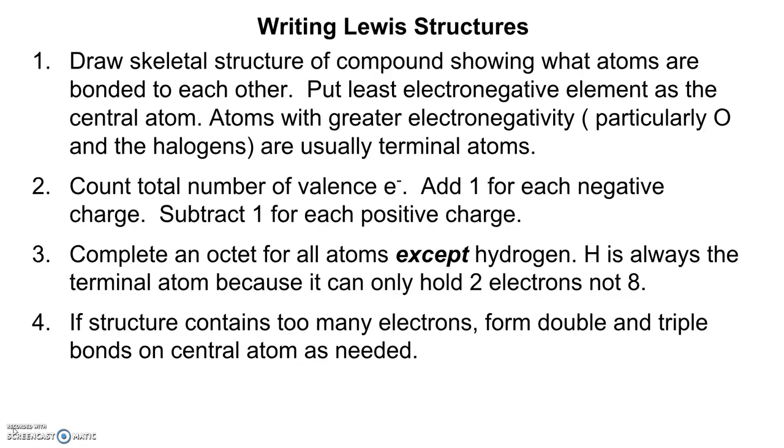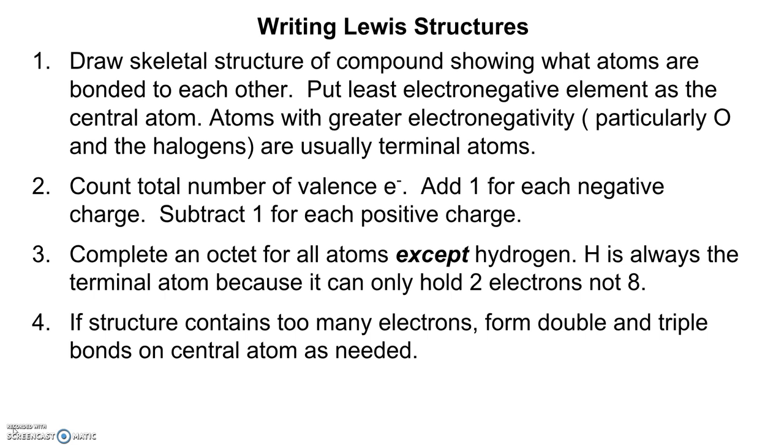So we're always looking at the octet, completing that octet. Notice in number 2, count the total number of valence electrons. Add 1 for each negative charge, so if it's a polyatomic ion, such as carbonate, it's going to have a negative 2. It's going to have 2 additional electrons. If it's something like ammonium, NH4 positive, you're going to subtract 1 electron because of that positive charge.